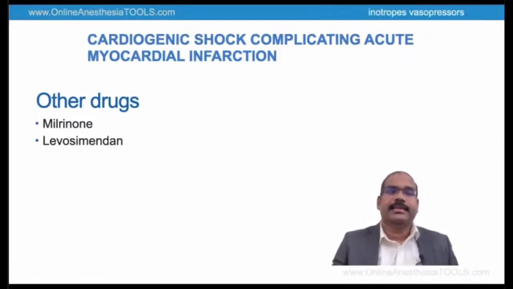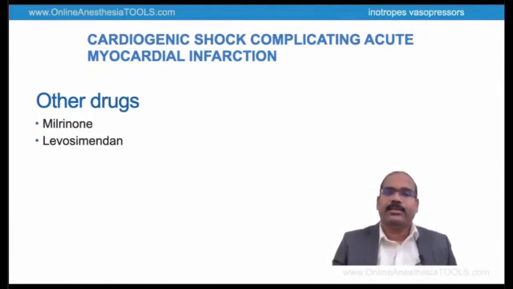The next agent in discussion would be levosimendan. It's a calcium sensitizing agent which exerts a positive inotropic effect on the heart by increasing the sensitivity of the cardiac contractile apparatus to calcium. The SURVIVE randomized controlled trial, which compared efficacy between levosimendan and dobutamine in a huge number of patients, revealed that levosimendan did not reduce all-cause mortality compared to dobutamine, alongside manifesting more peripheral vasodilating effects than dobutamine.